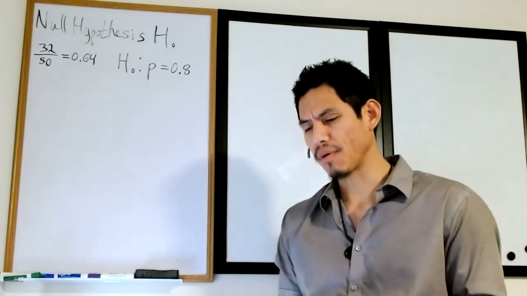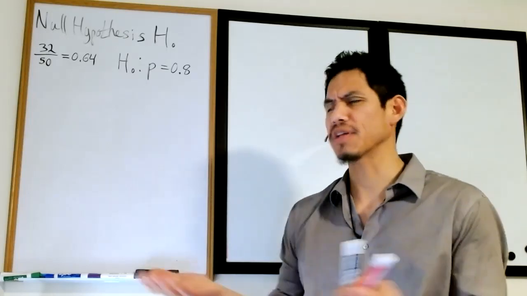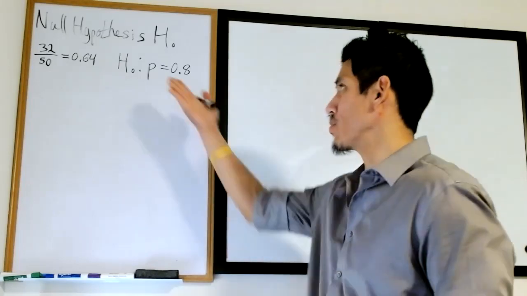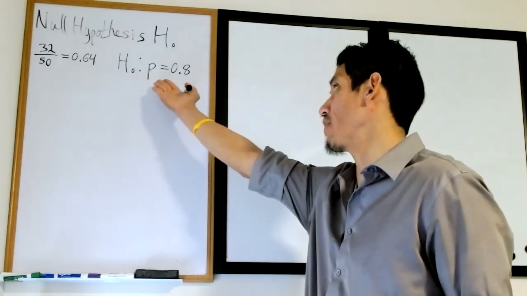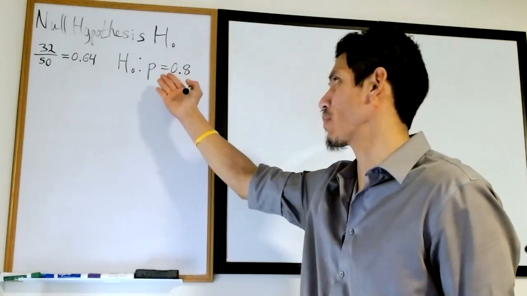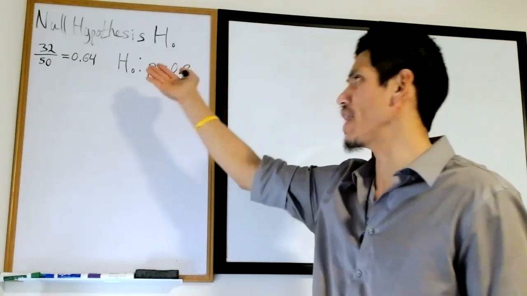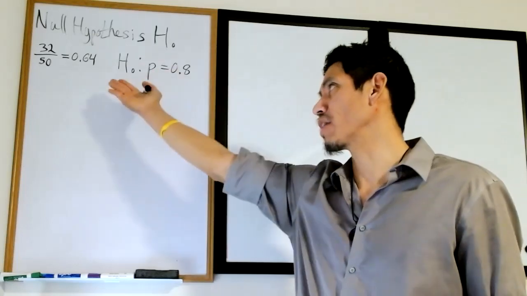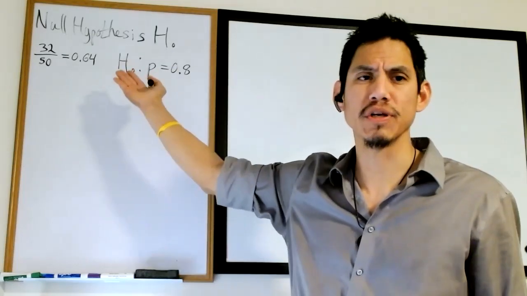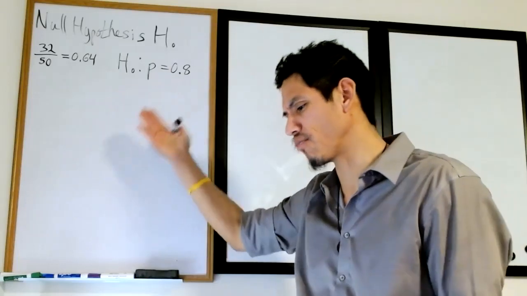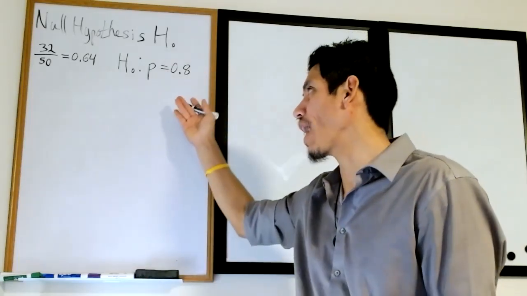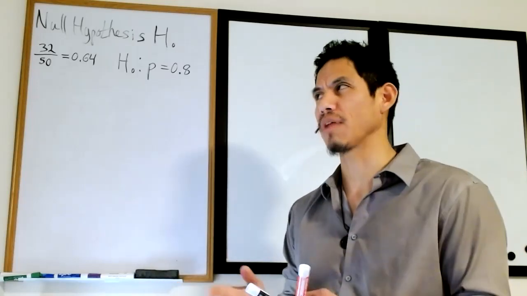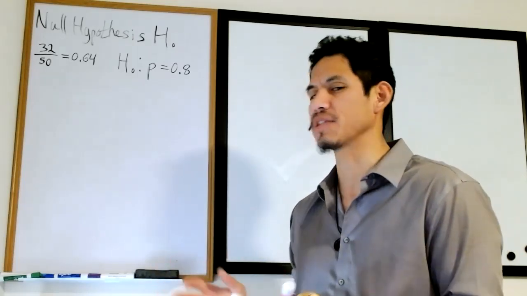So he's like, all right, I'm going to conduct a significance test to see if the true value of p would be 0.8. Is the true proportion 80%? And is it reasonable to get a sample proportion of 0.64 at an alpha level of 0.05 and so forth, blah, blah, blah. And that's when you guys just kind of blank out.